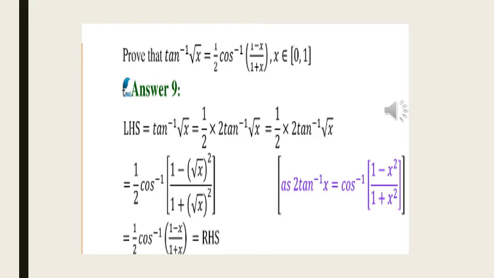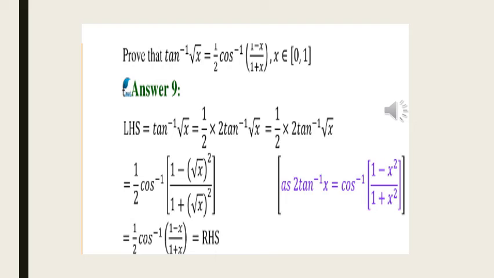To apply 2 tan inverse root x in terms of the cos inverse formula. So we applied here x as root x. So half of cos inverse of 1 minus root x the whole square by 1 plus root x the whole square. That is equal to half cos inverse of 1 minus x by 1 plus x.